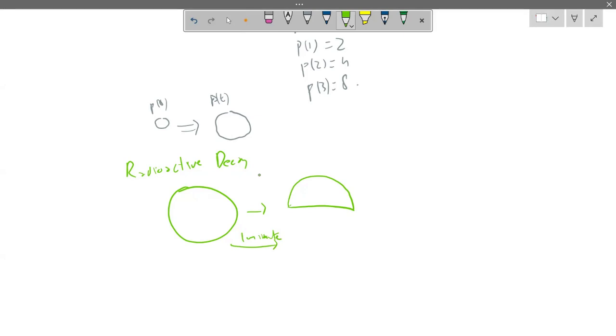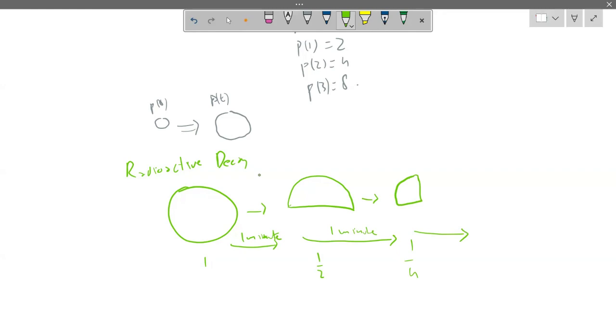So you initially had a whole of your initial radioactive matter. After 1 minute, only 1/2 remains. After 1 more minute passes, you get 1/4 of your radioactive matter. And you can keep continuing here.